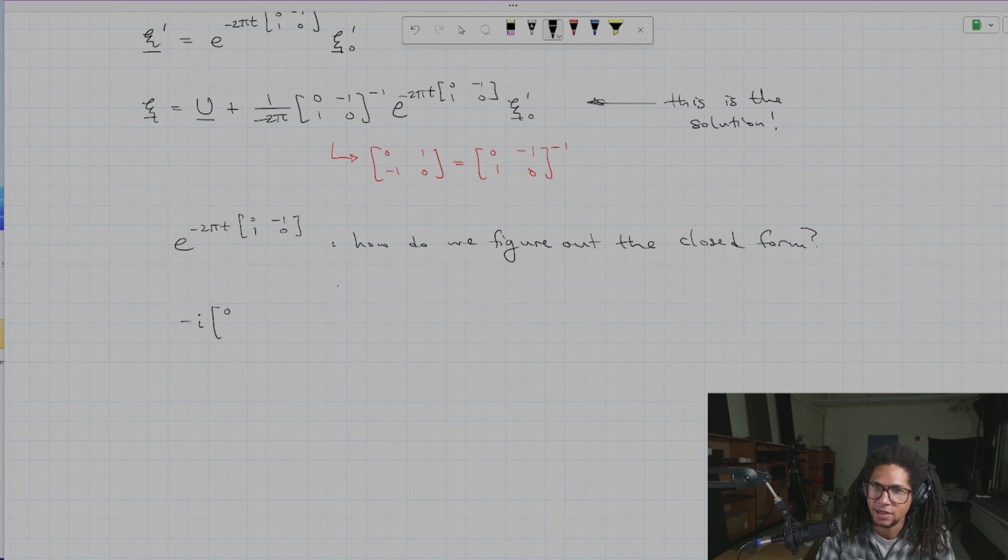Maybe minus i times this thing. Minus 1, 1, 0. Okay. That's not very interesting. But let's look at this thing squared. Okay, well, minus i squared is minus 1. And then 0 minus 1, 1, 0 times itself.